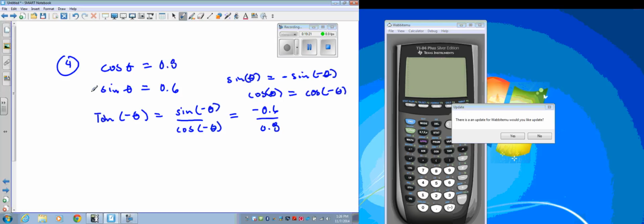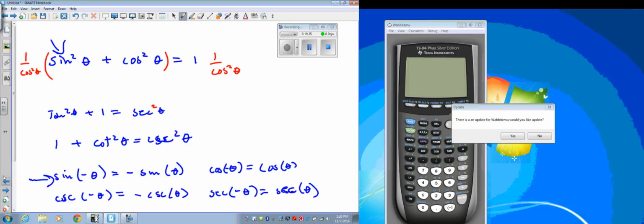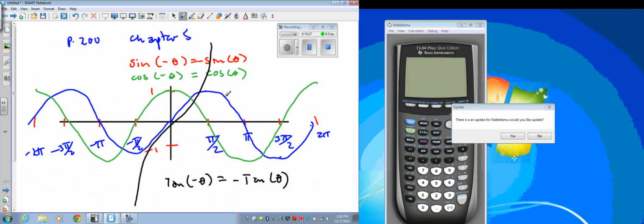To get it straight in your head, if you go this distance out here on the sine curve, the blue one, it's positive. You go the same distance there, it's negative. Then this is the cosine curve. If you go a distance out here and the same distance back here, they're the same sign, whether positive or negative.